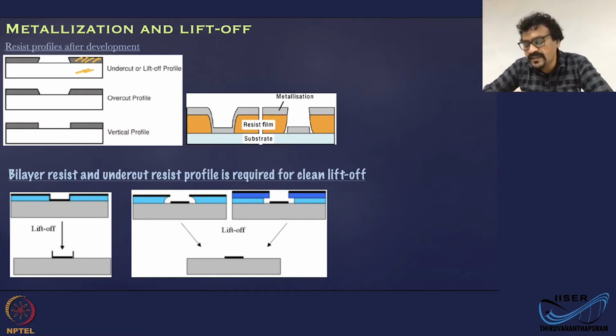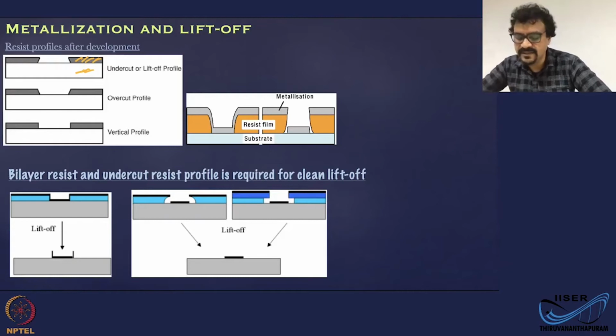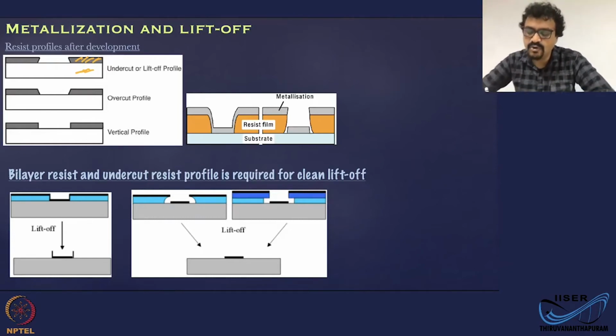So now imagine that in each of these cases you are going to do a metallization. After lithography, you will deposit some metal, which will act as a gate electrode or ohmic contact. Now, when you deposit metal, let's consider the second case where you have the overcut profile.